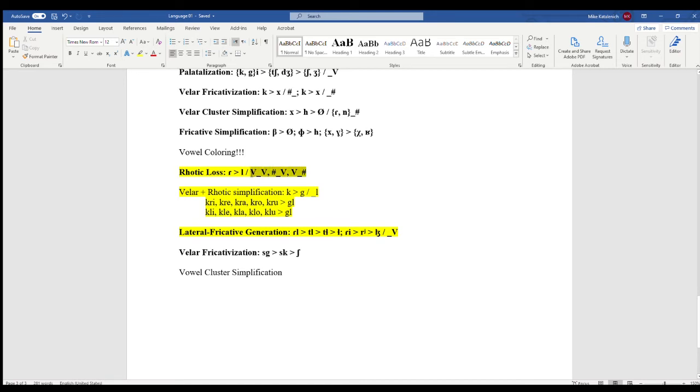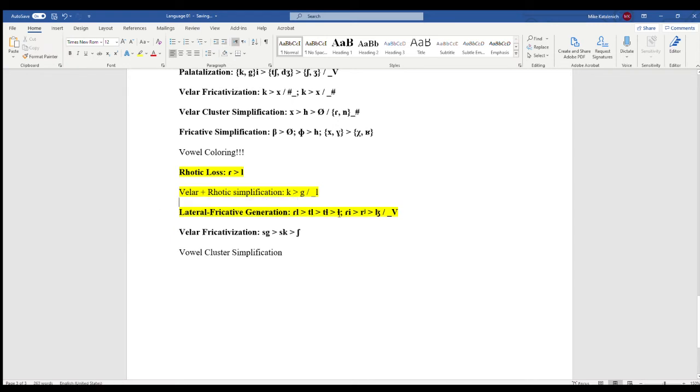I need to just write that, I think. R just becomes L everywhere. And then this does that.